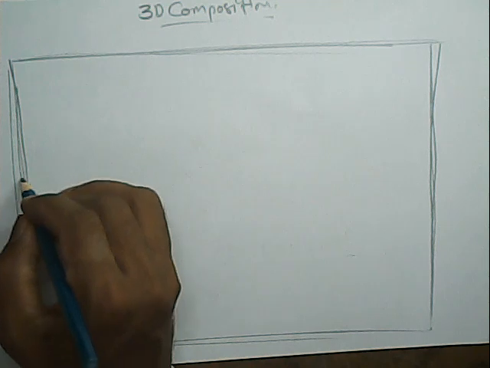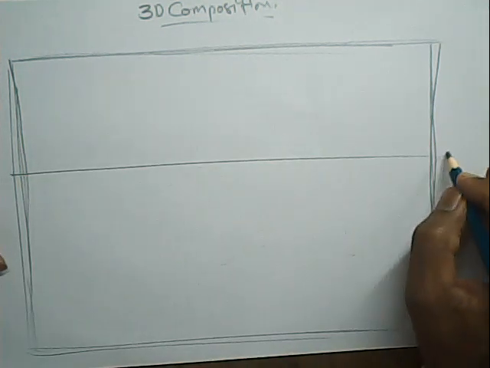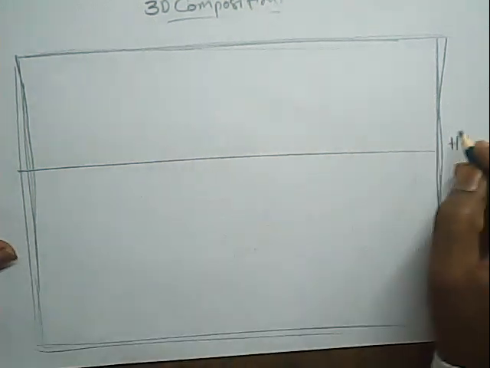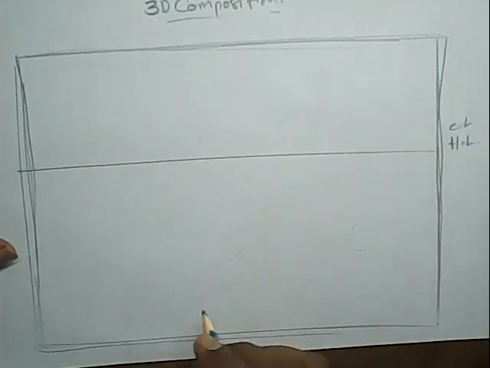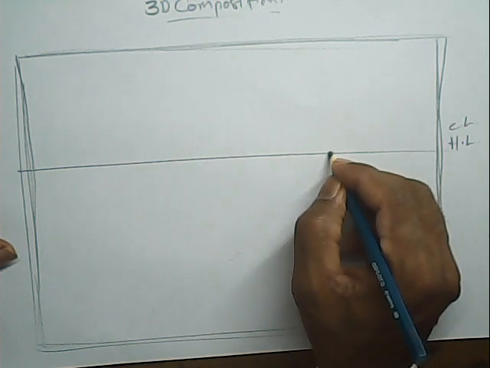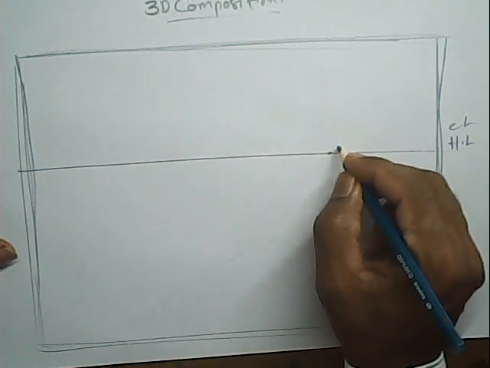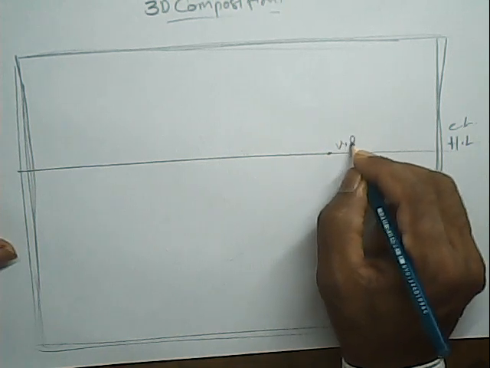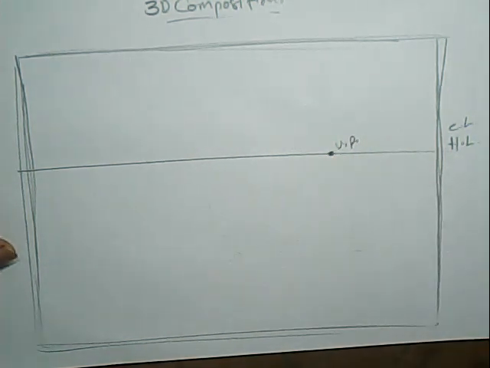We'll work with the perspective method, so we take the horizon line. This is the horizon line, which is also called the eye level. On it we place the vanishing point. We are taking one point, so this is one-point perspective.